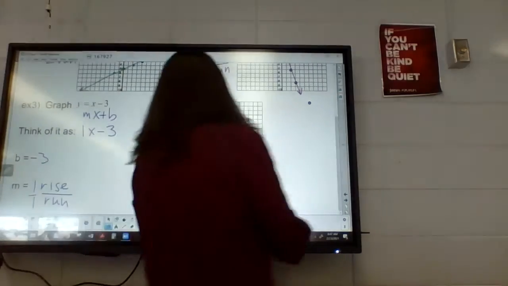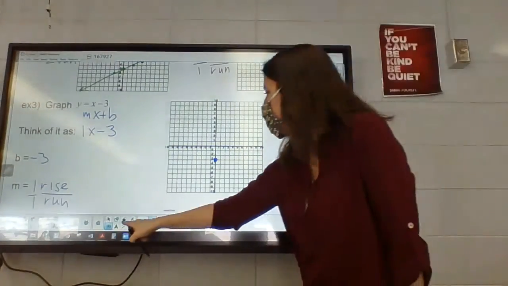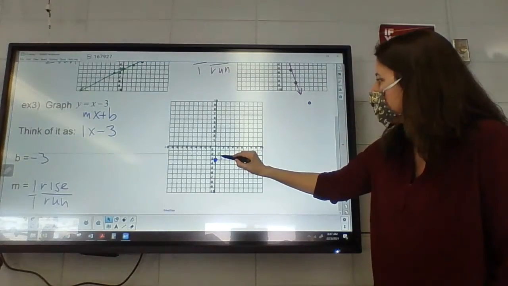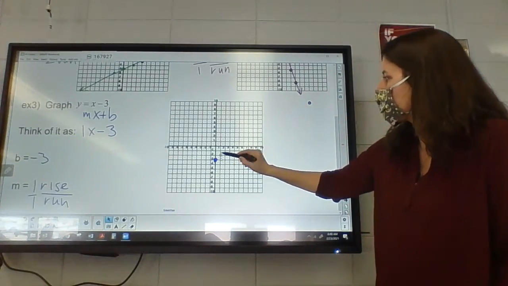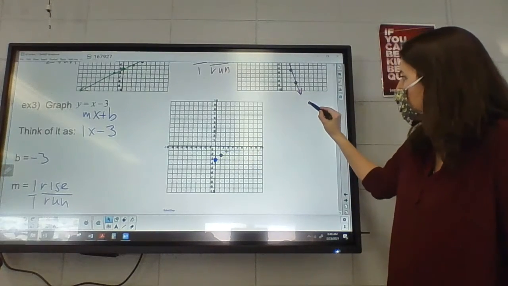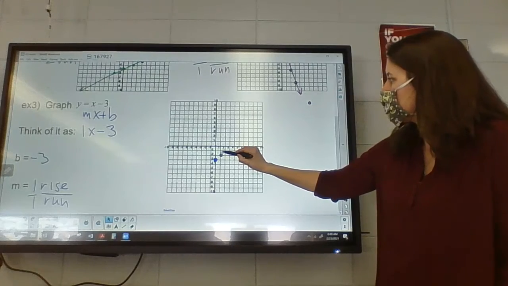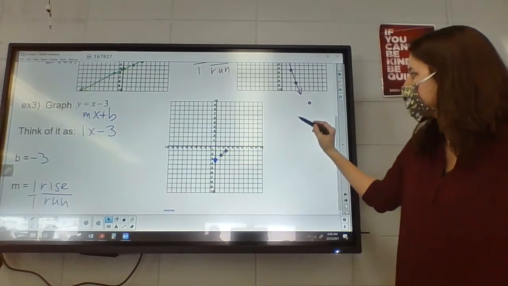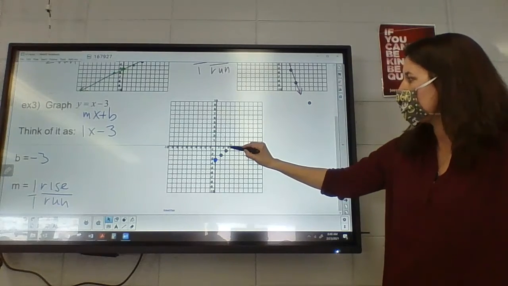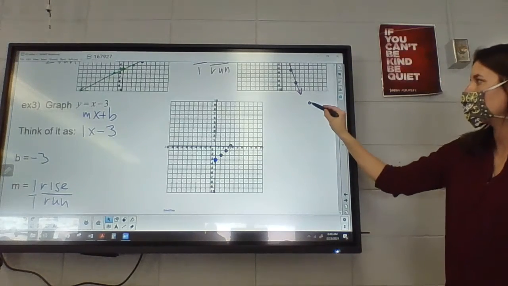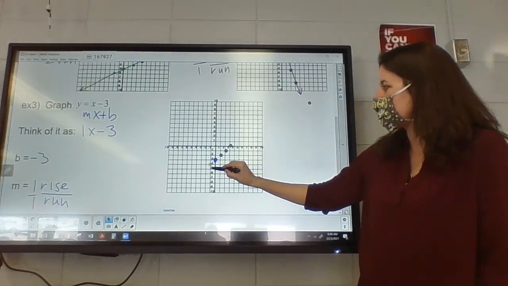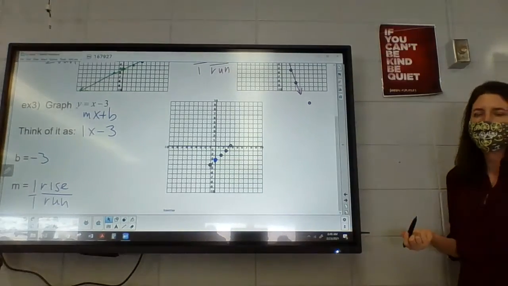Up 1 over 1, up 1 over 1, up 1 over 1, and you can also reverse it and go down 1 over 1 as well. And so you can really get like 20 dots on this graph pretty quickly without having to do a whole lot of work.